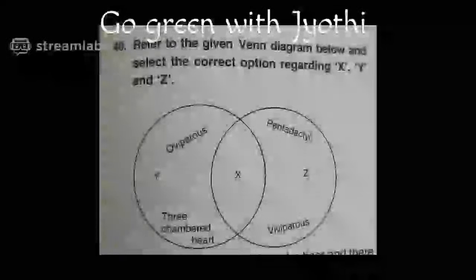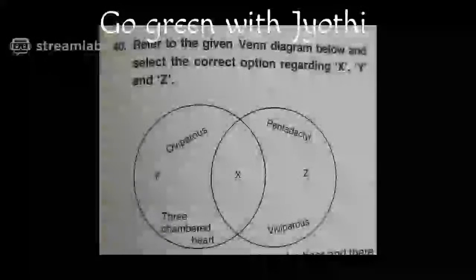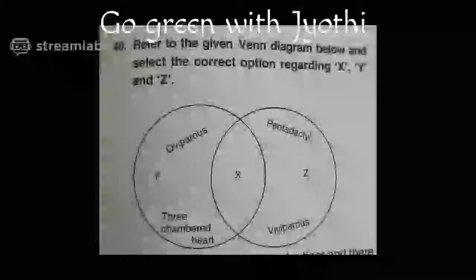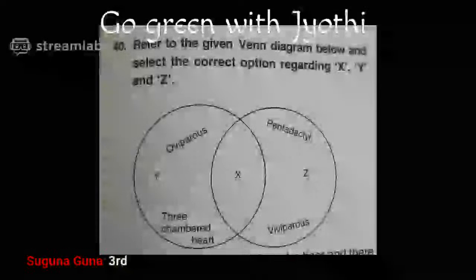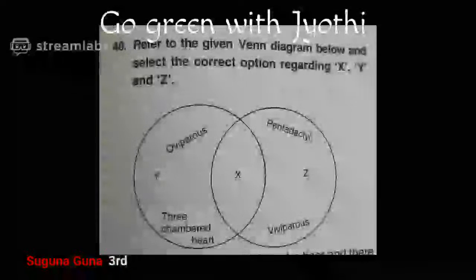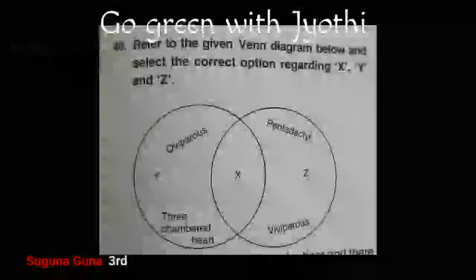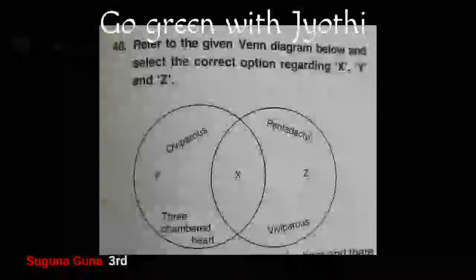Which is the animal which is pentadactyl, five fingers in their arms, and which gives birth to young ones? And X, which is the organism which shows both the features?